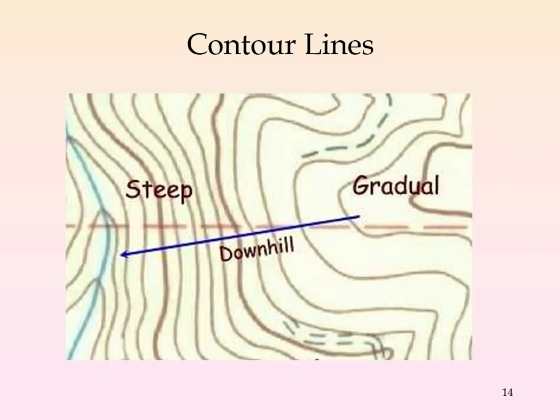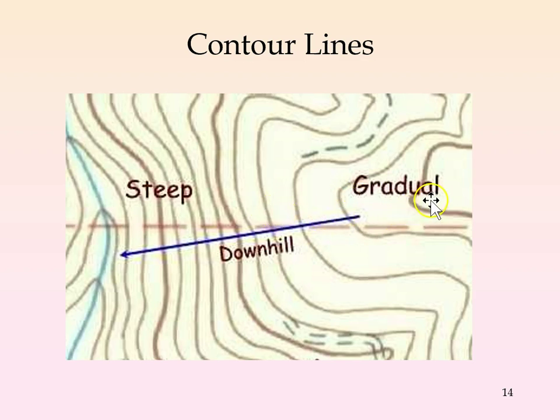There's one more major idea I want to cover here that's represented on this slide. When you see contour lines that are very close together like this, it means this is a very steep area. The change in elevation occurs very rapidly here. If we go up here, we can see that these contour lines are much farther apart.